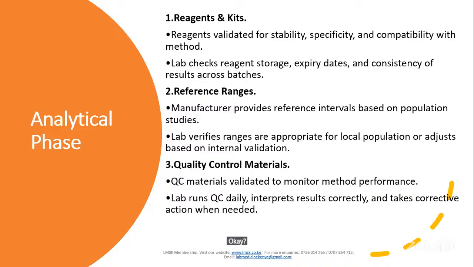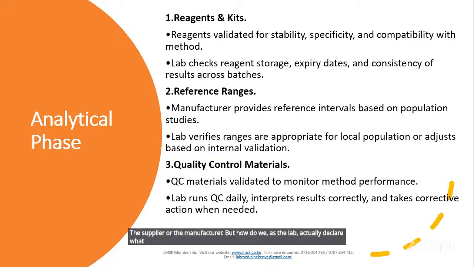Quality control materials. QC materials have been validated by the supplier or the manufacturer to ensure continuous monitoring of method performance. That is fit for purpose, as indicated by the supplier or the manufacturer. But how do we as the lab declare it as fit for use?